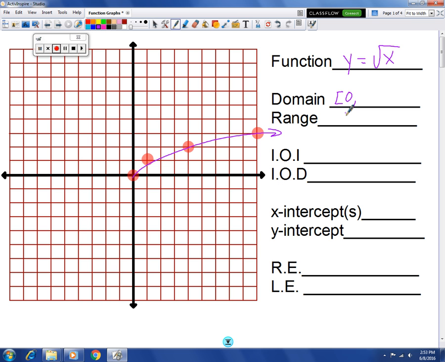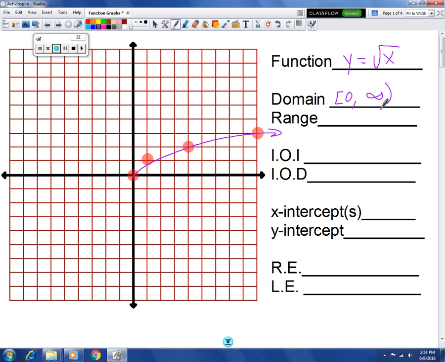I didn't substitute a number just bigger than 0. I substituted actually 0 in and got an answer. I substitute positive 1, positive 4, positive 9. I could substitute positive 16 and all those numbers in between. So I could substitute any positive number. So my domain is anything larger than 0, including 0.